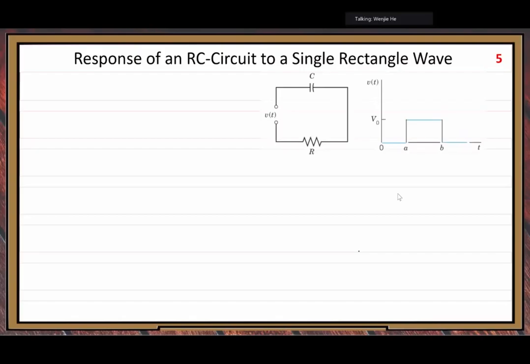The components are the C component, the R component, then V. This V function is given as a single rectangle wave. Only one single wave, not repeated.